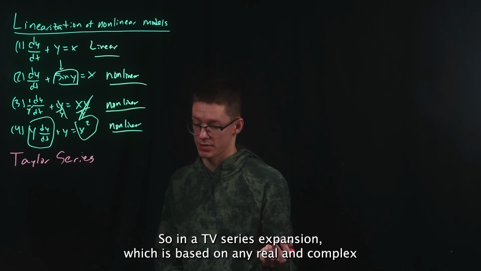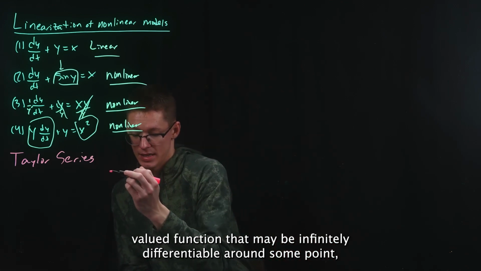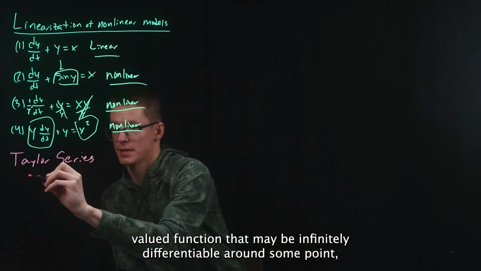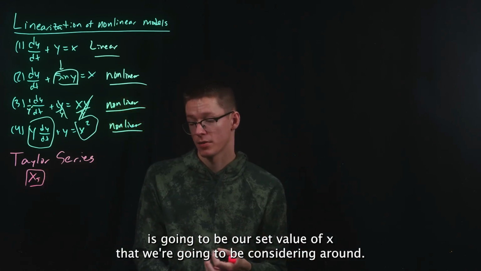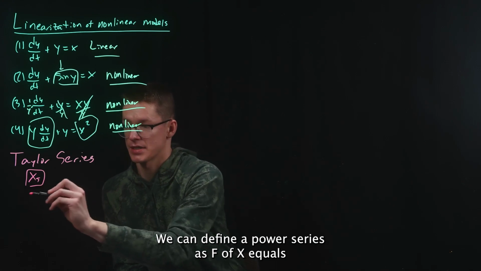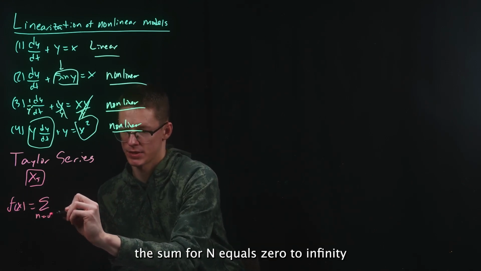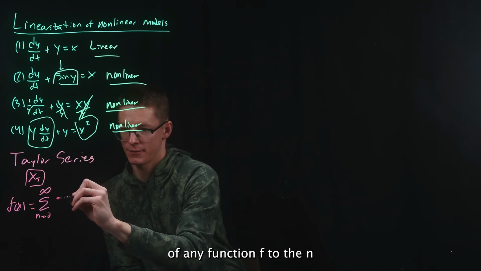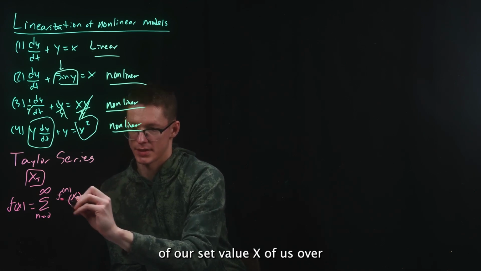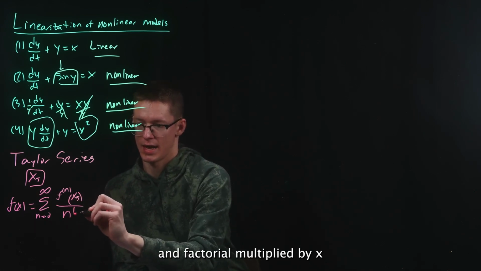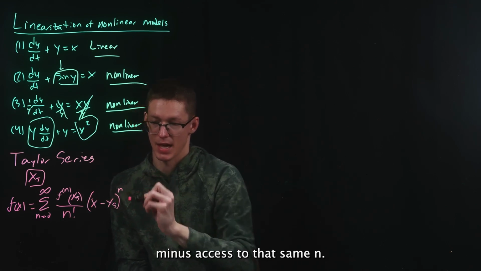So in a Taylor series expansion, which is based on any real and complex valued function that may be infinitely differentiable around some point, xs is going to be our set value of x that we're going to be considering around, we can define a power series as f of x equals the sum for n equals 0 to infinity of f to the n of our set value x of s over n factorial multiplied by x minus xs to that same n.